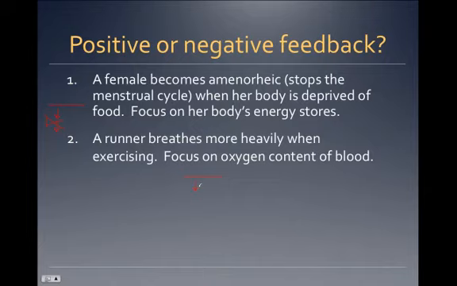So what do we do? We breathe heavier, to bring more oxygen back into the blood to bring us back up to our normal blood oxygen levels, or homeostasis. So hopefully you figured out by now that this is another example of negative feedback. So I'm just going to put an N here for both of these being negative feedback.